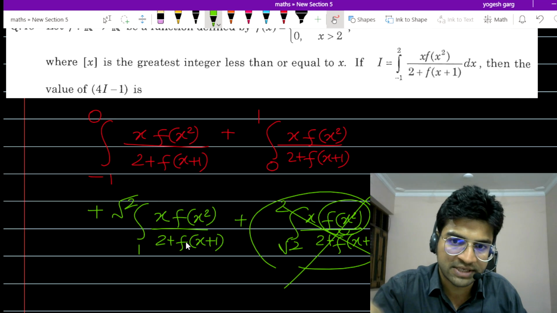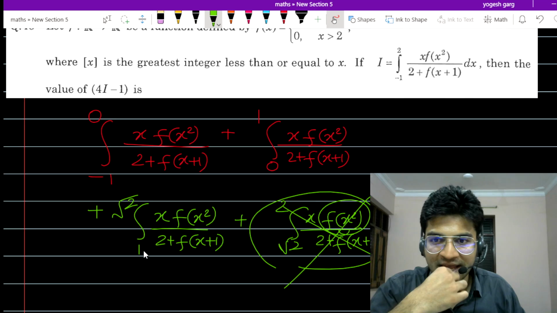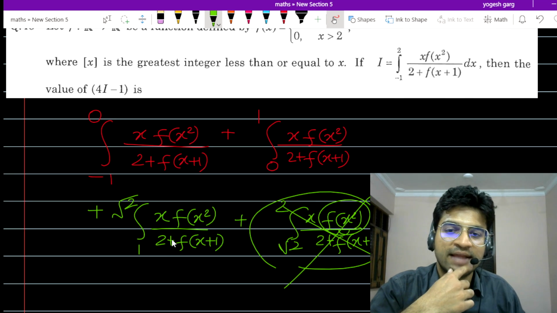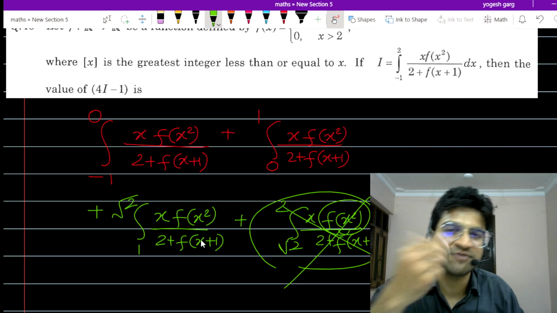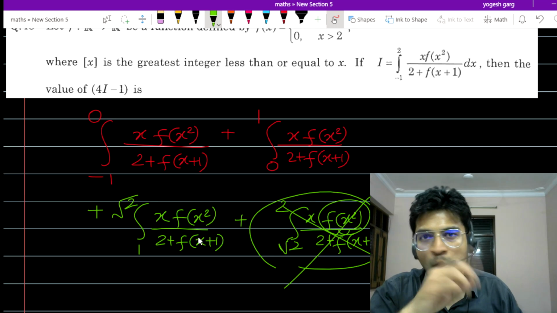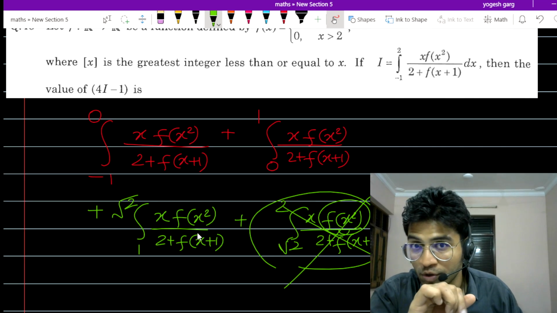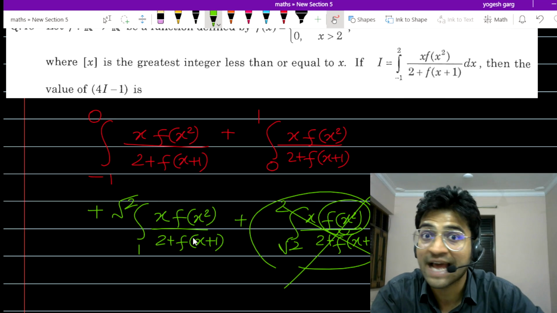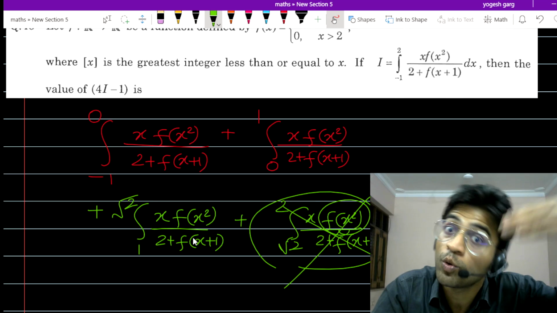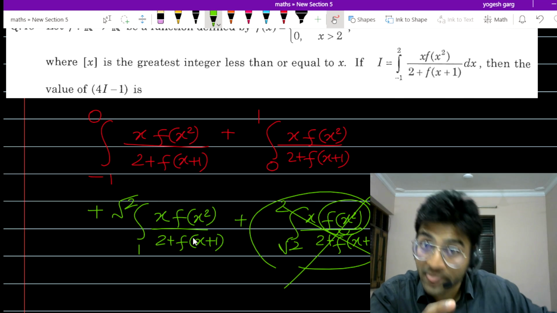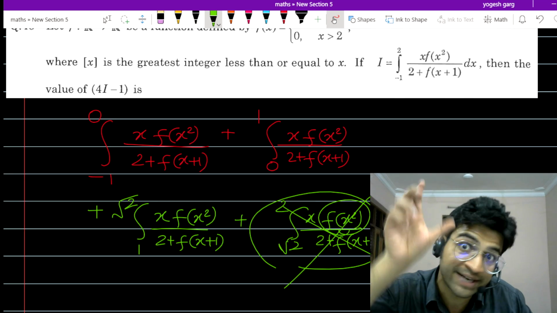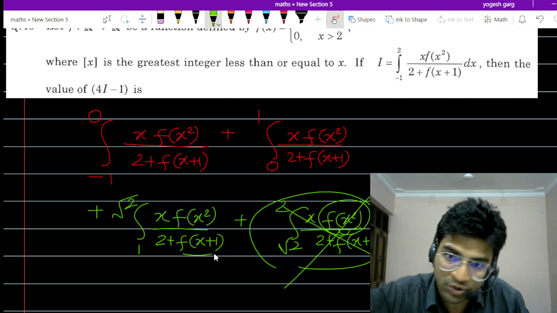Now think about this. What will happen with this? If x is between 1 and root 2, then 2 plus f(x) plus 1 will be between 2 and 1 plus root 2. See, if x is between 1 and root 2, then x plus 1 will be between 2 and 1 plus root 2. Thus, the input is greater than 2 in the denominator, so this will be 0.